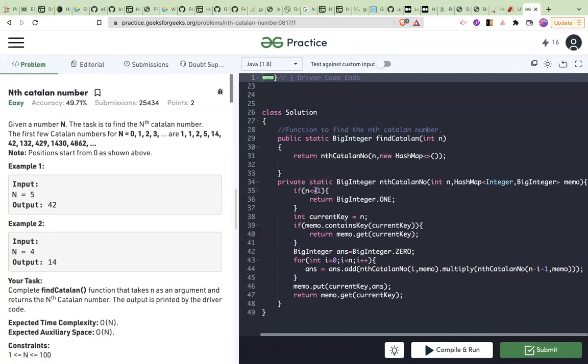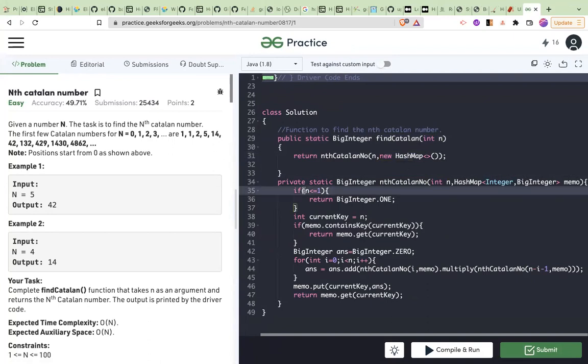We are given a number n and we have to find the Catalan number. So basically we are doing recursion and passing a map, which suggests we are following a DP approach. We are using a map to store all this data so that problems are not recalculated.